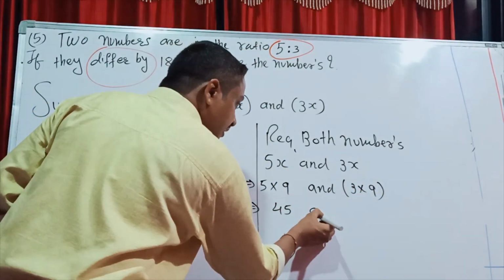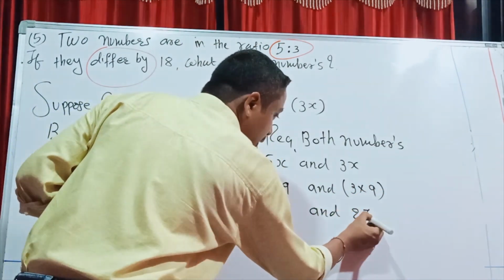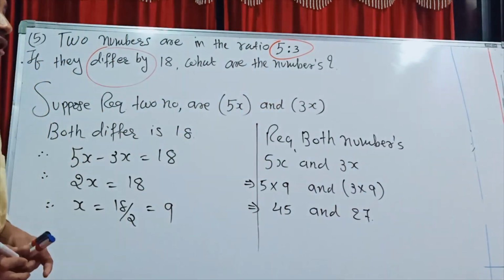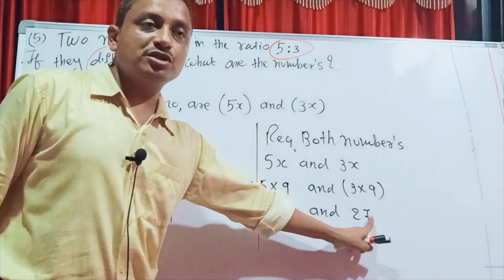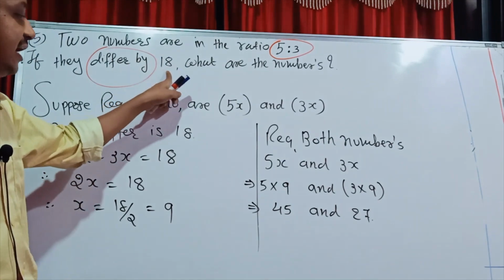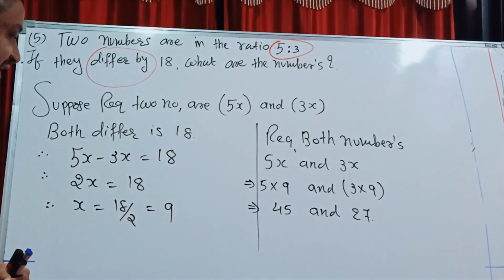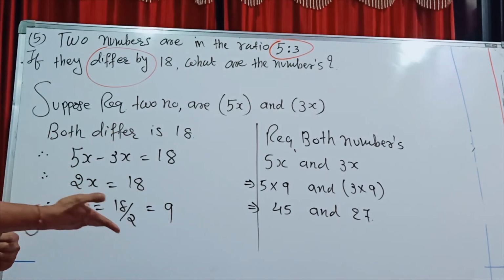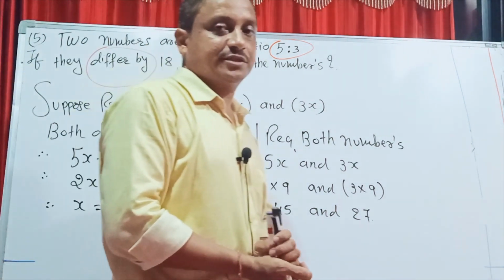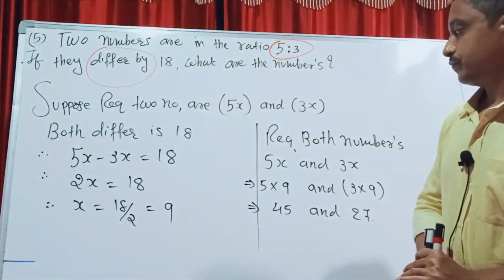So my answer: 9 5s are 45 and 9 3s are 27, which are my final two values. You also verify the difference is 18: 45 minus 27, it is 18. So very easy numerical, students, and happily done these questions.